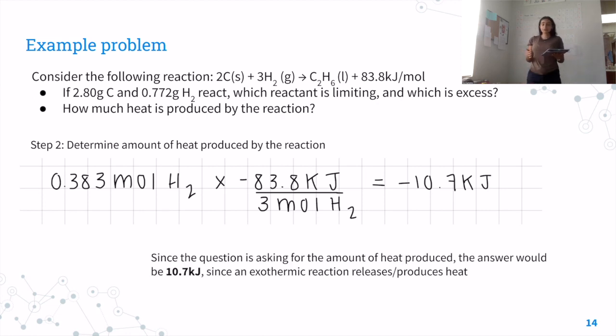So yes, technically the heat is negative, but because the question is asking how much heat is produced, which is analogous to release, we can say that 10.7 kilojoules of heat are released.